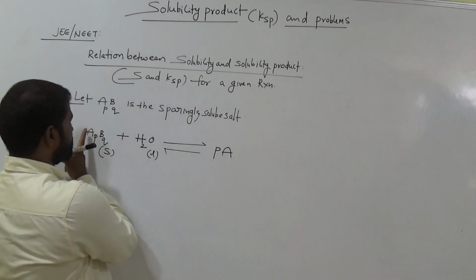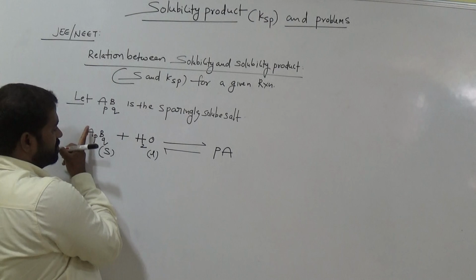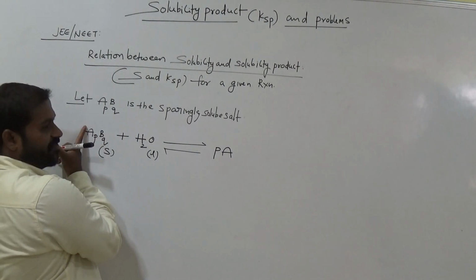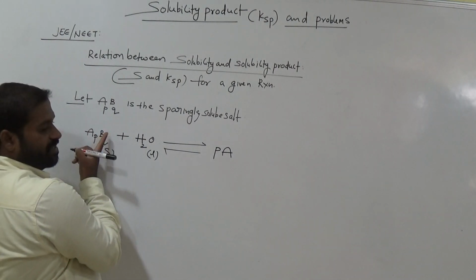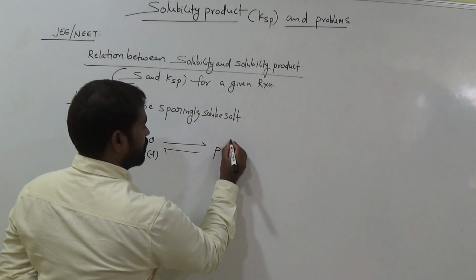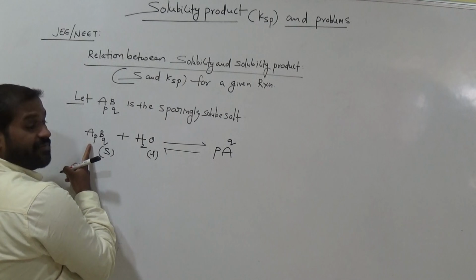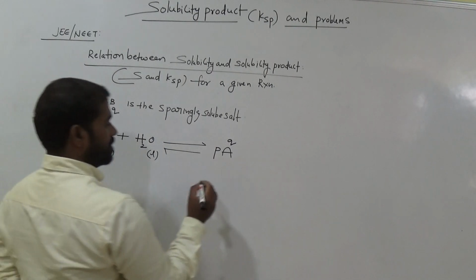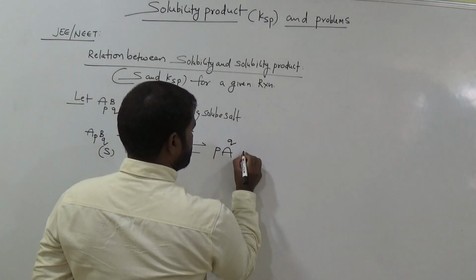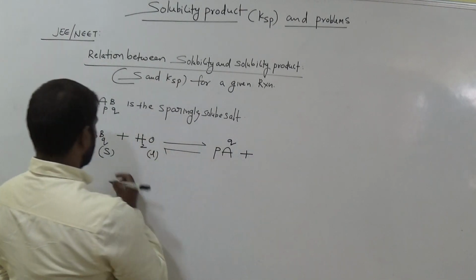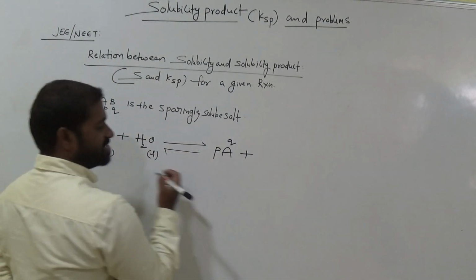P. Now what is the oxidation state of A? Q is the oxidation state of A, and P is the oxidation state of B. So now A is plus Q. Plus, come to B. How many B molecules do we have here?